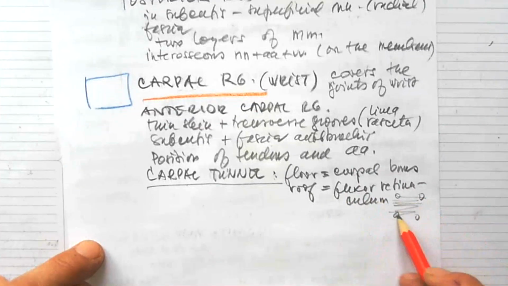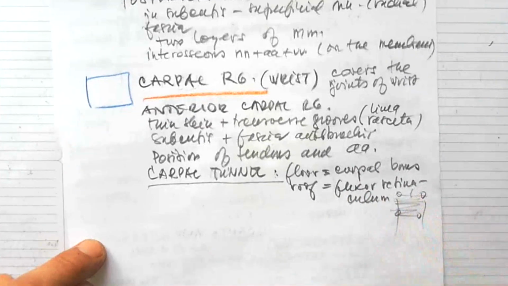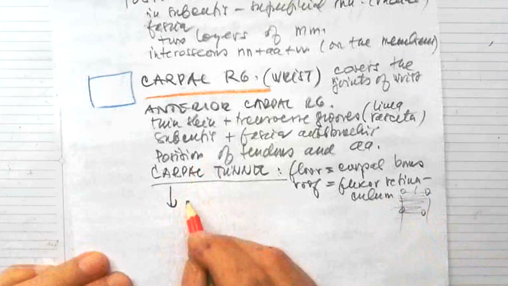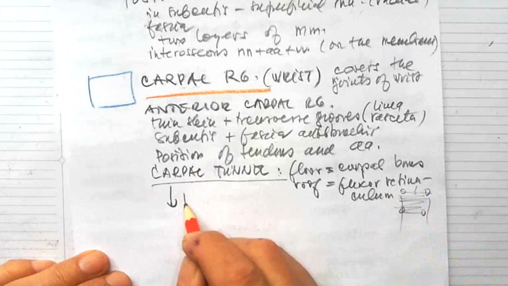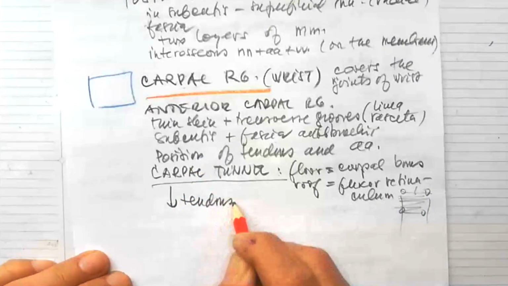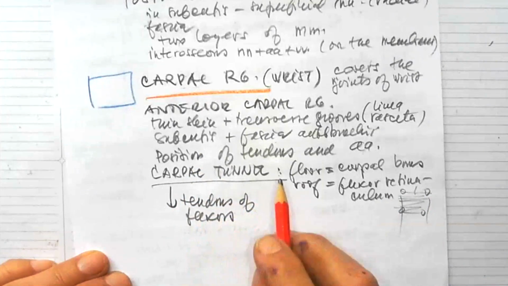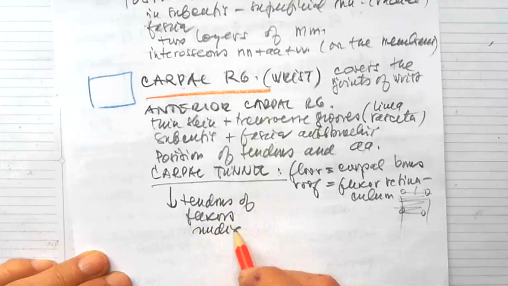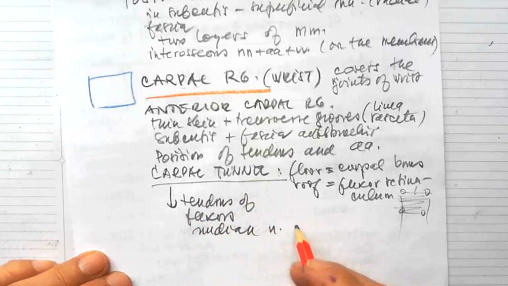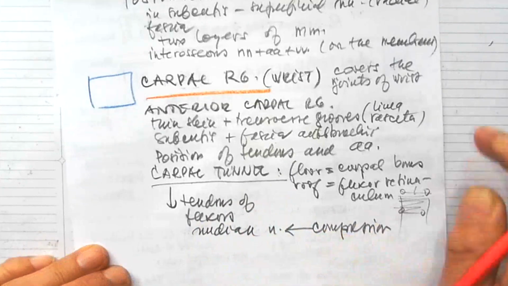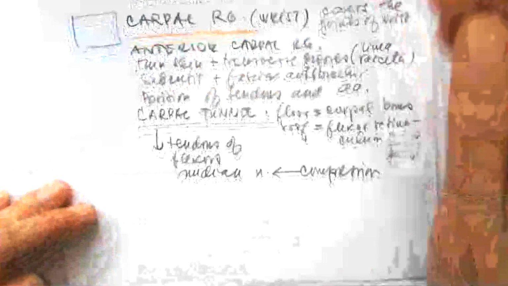We know them, running transversally, and into the canal pass the tendons of flexors. So into the canal run the tendons of flexors and the median nerve, and the median nerve, if compressed, I would say compression, and we know the reasons why we speak about the compression.